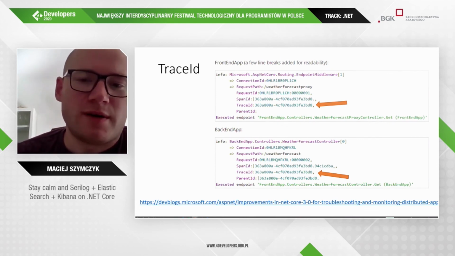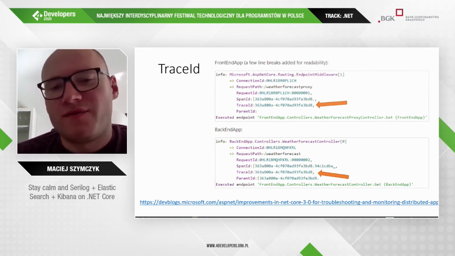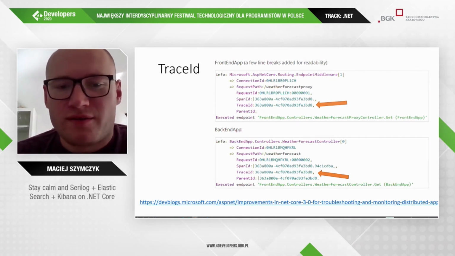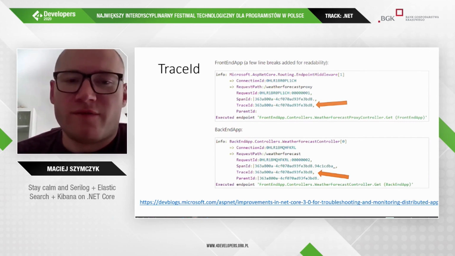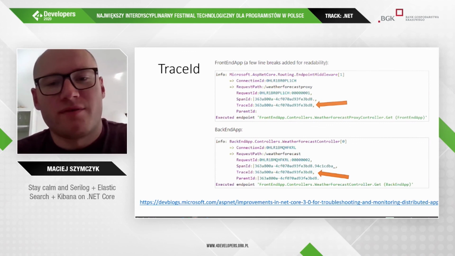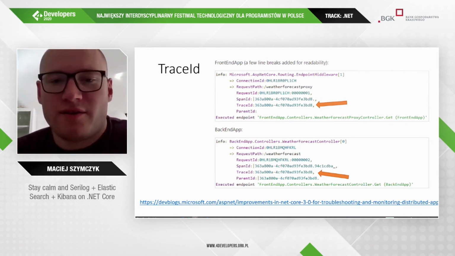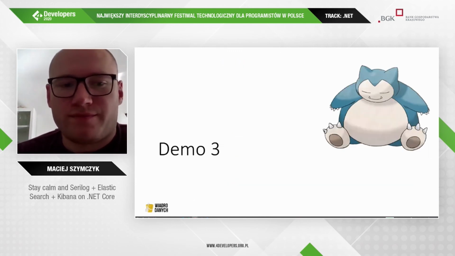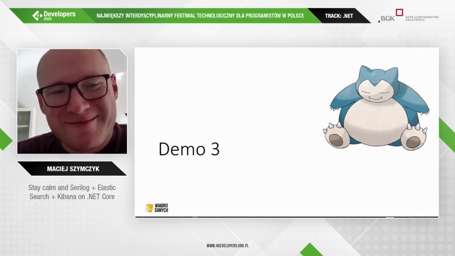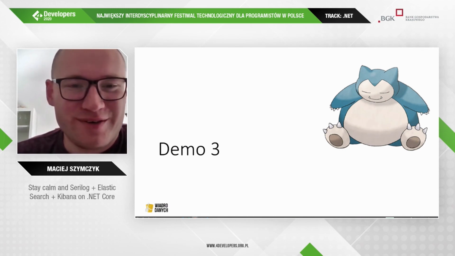So if service A is communicating to service B, then service B is communicating to service C, then you can look at all this chain and look for logs from all those controllers or services that are related to this task. And this is what I wanted to show you here.